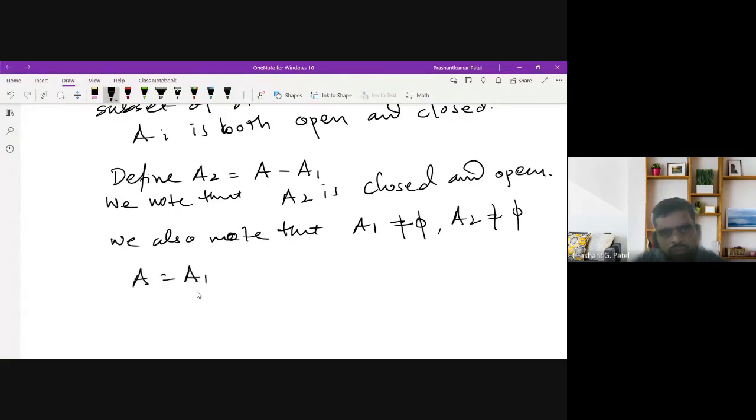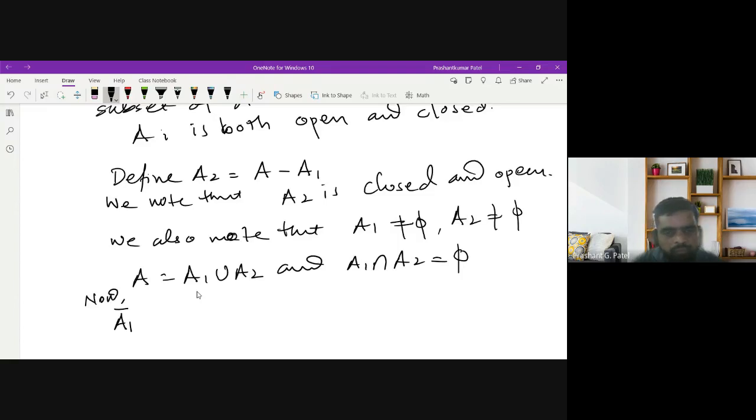A is the union of A1 and A2, because A2 is the complement of A1 in A. And A1 intersection A2 is empty because A1 and A2 are complements of each other in A. Now what will be the closure of A1, A1 bar?